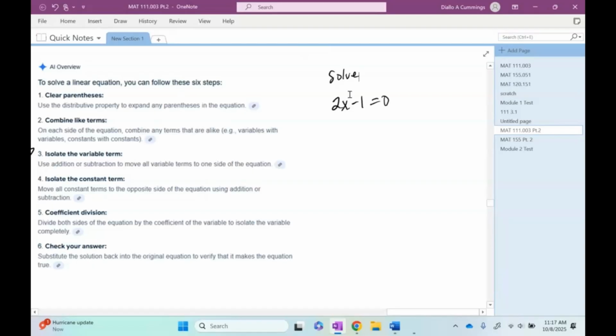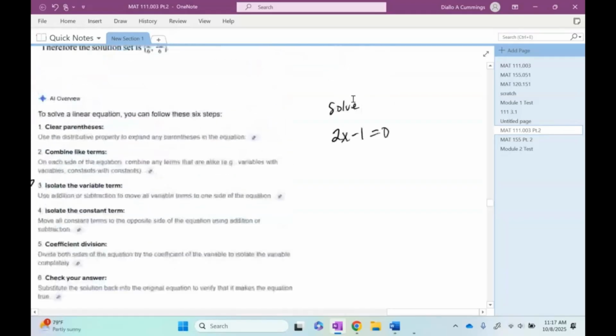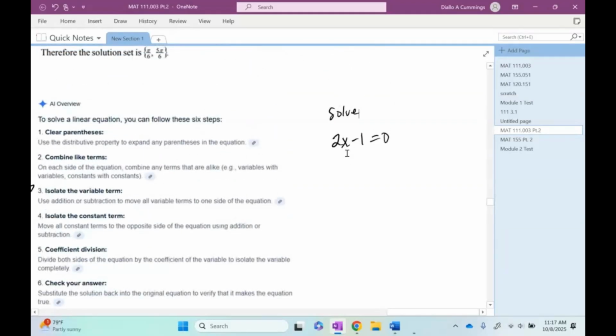So keep in mind that for your trig expressions, the sine of x is understood to be raised to the first power. If you see something like sine squared, that will be understood to be raised to the second power. But since we have x to the first power, that would make this linear. And so anything that's linear, you just want to follow these steps.